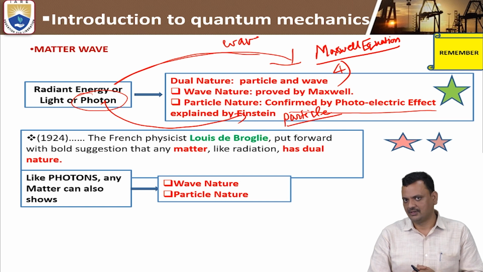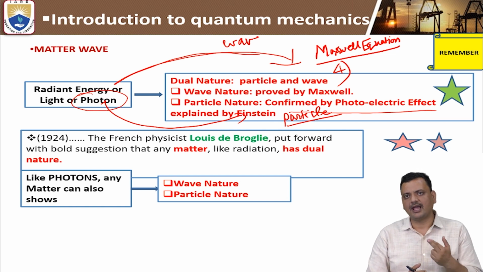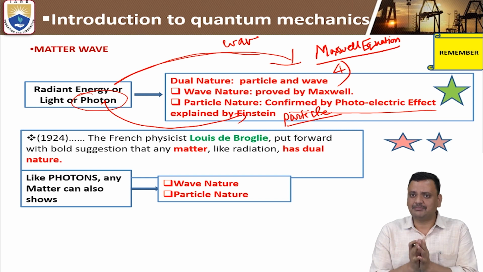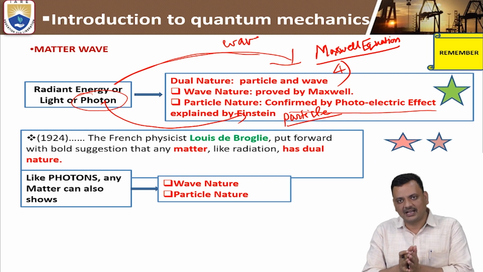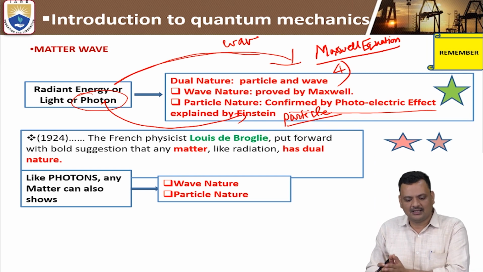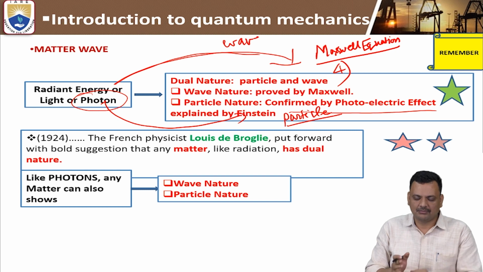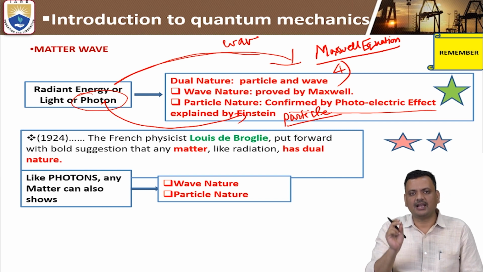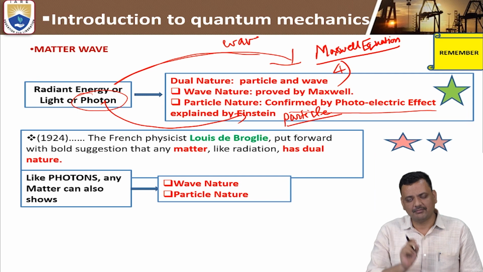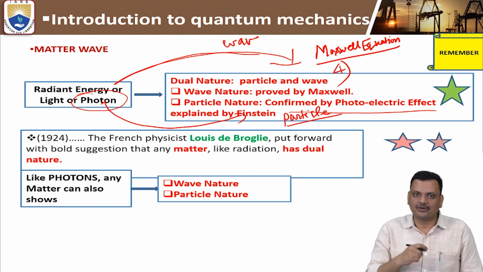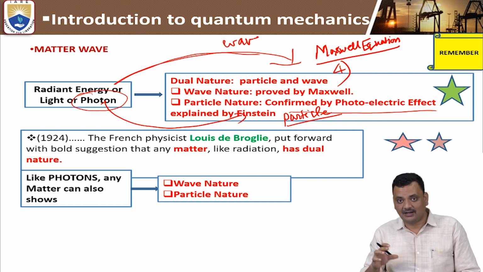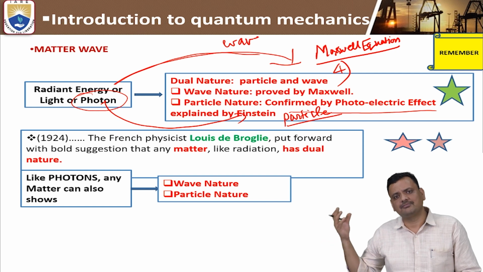Duality of light means light can behave like a wave and also like a particle. This concept of duality was further extended to any kind of matter. Now in 1924, this concept of duality was extended to any kind of matter.